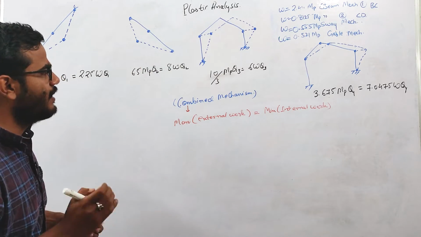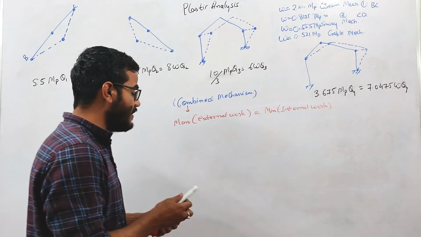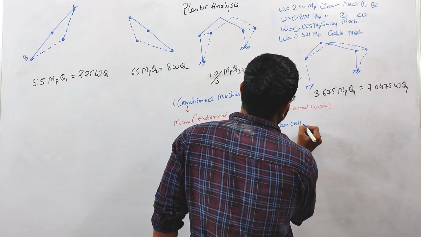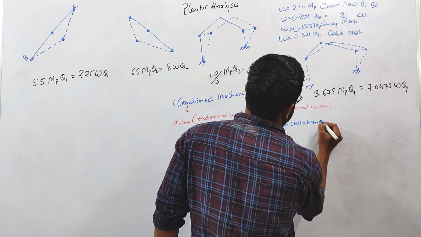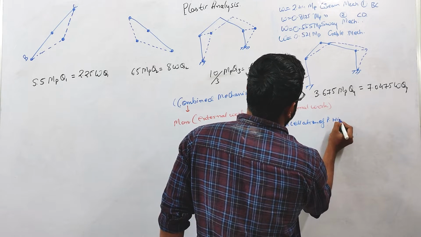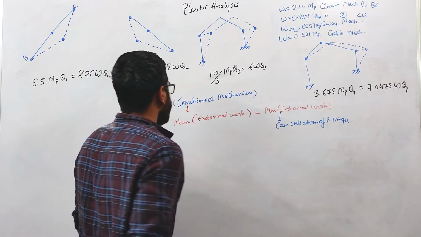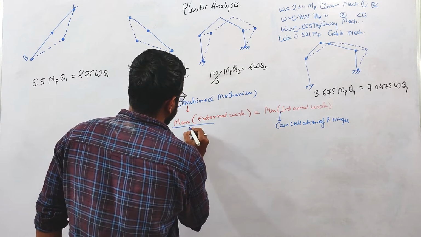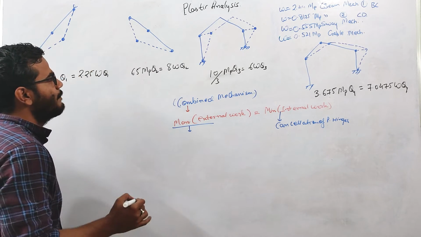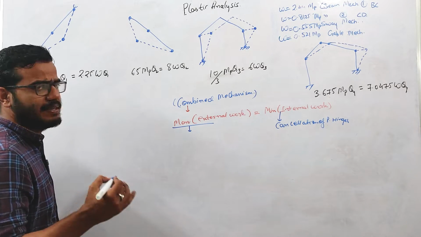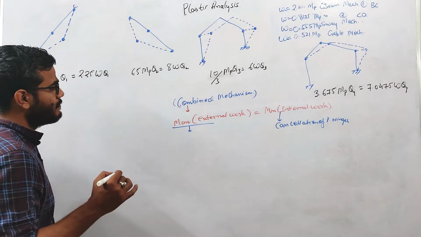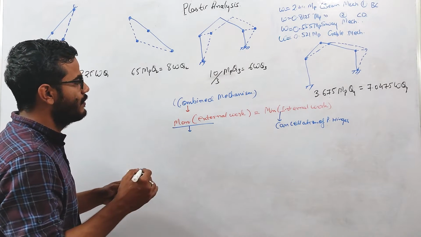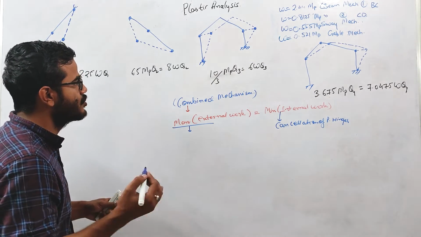So internal work we will be minimizing by cancellation of hinges, plastic hinges. Okay, and we will be maximizing the external work. We'll combine the mechanisms in that way so that the external work done due to maximum external force will contribute to the external virtual work.